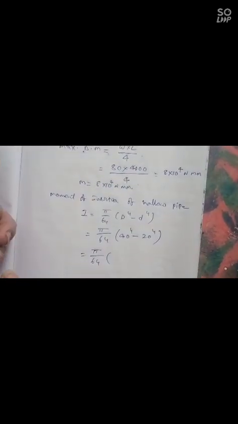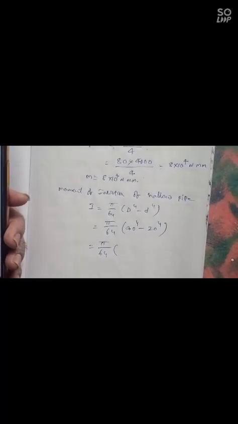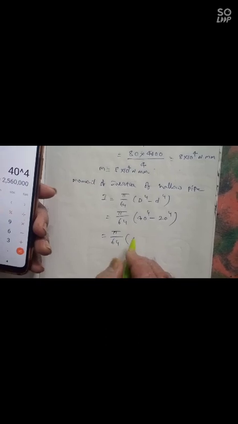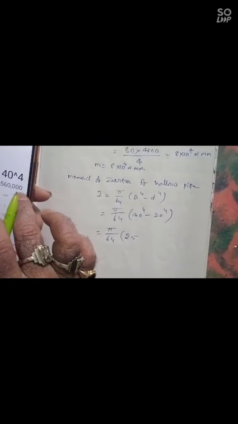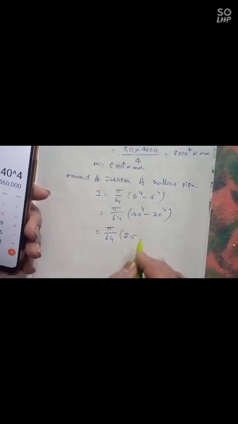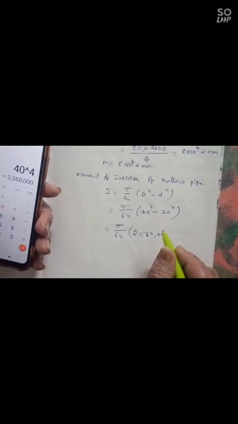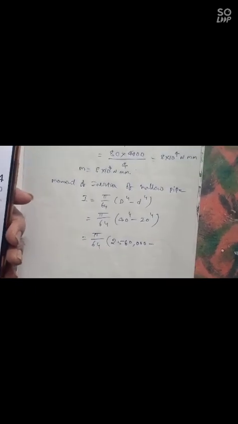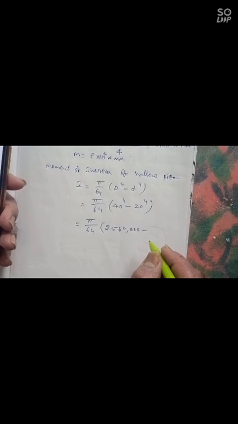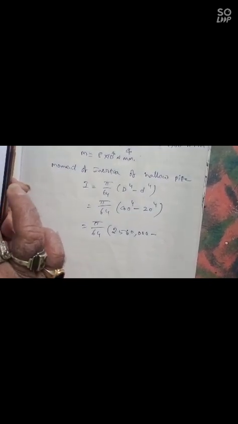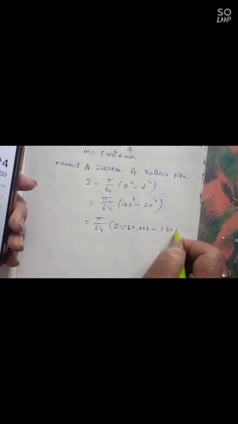Okay, so you have to calculate it. Pi by 64 into 40 to the power of 4, that is 25 lakhs 60,000, minus 20 to the power of 4, that is 1 lakh 60,000.